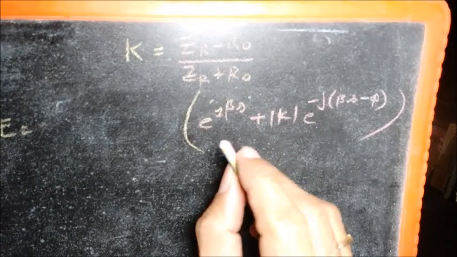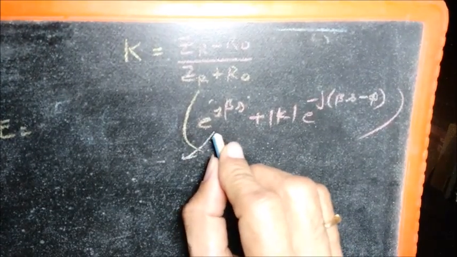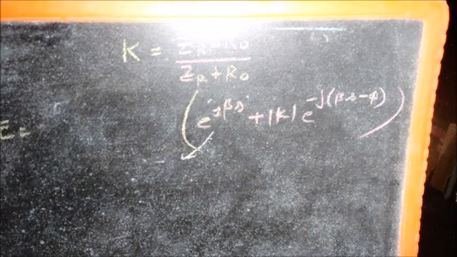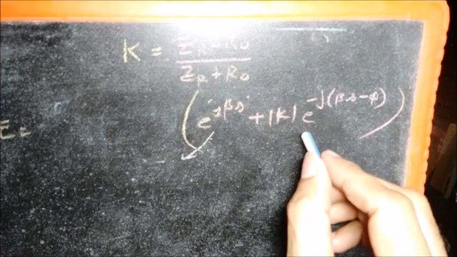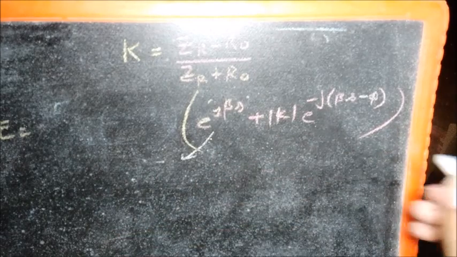Now this basically had an incident voltage waveform. An incident voltage waveform is one which is propagating towards the load, and this was the one which was propagating away from the load towards the source.